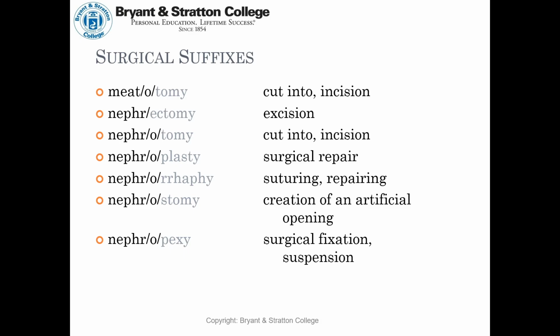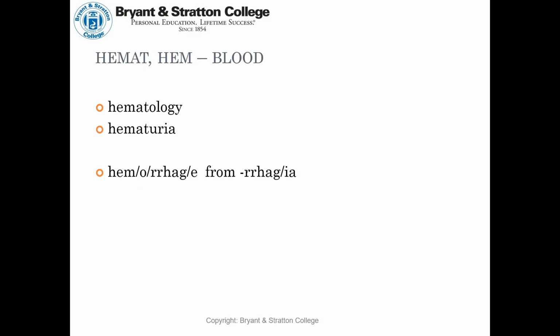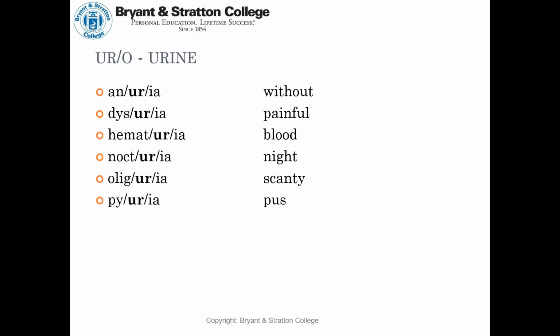What might be new here is pexy, and that's a term for surgical fixation. So you want something to not move, you have to fix it, or essentially suture it. All of these, again, we've covered in the cardiovascular system, but they are going to apply here, especially with the kidneys' function in the blood pressure and blood volume relationship.